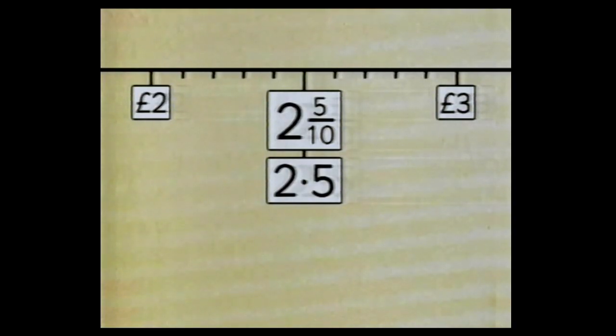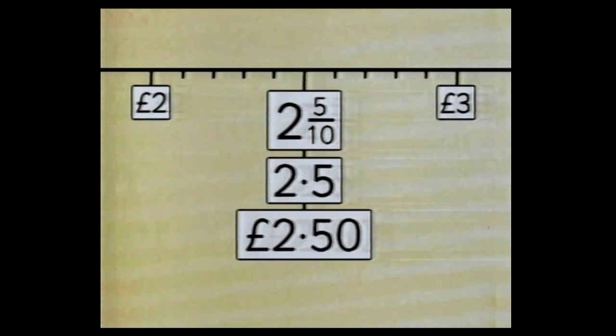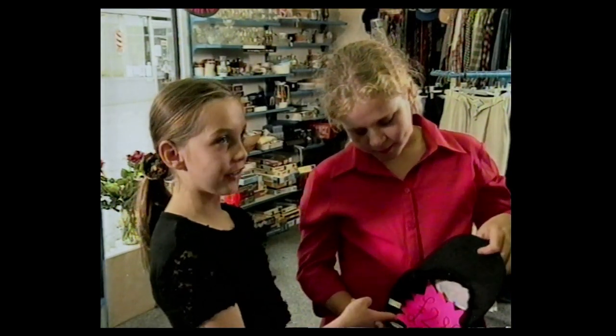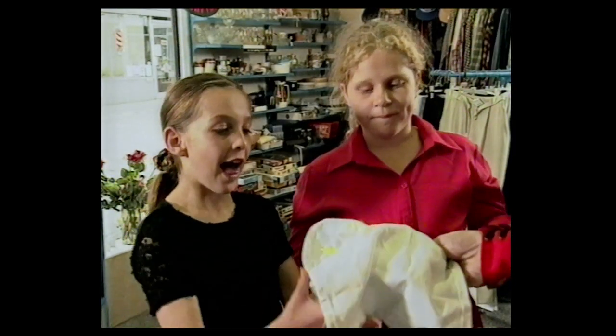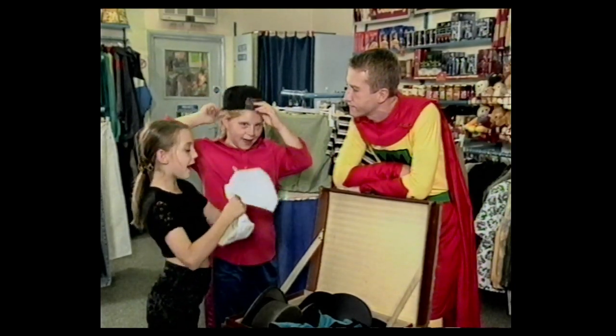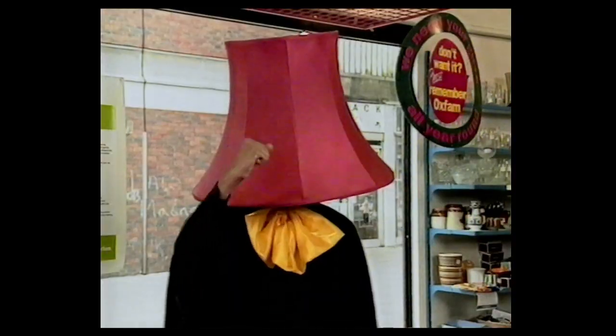We know that 0.5 is the same as a half, so 2.5 pounds is £2.50. So this hat's £2.80 and this hat's £2.50. So this one's the cheapest. Thanks, Maths Man. No problem. And remember, when you don't understand and maybe you need a hand, who you gonna call? Maths Man.